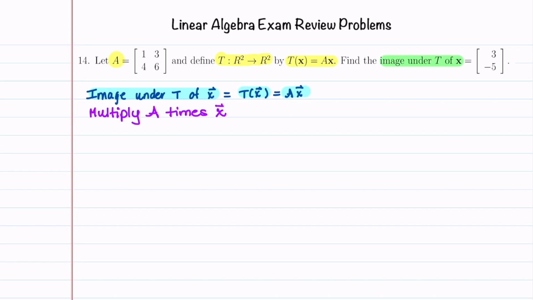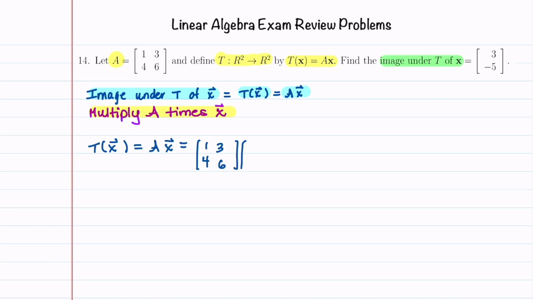So what we're going to need to do is find T of X, and we're going to multiply A times X. Let's go ahead and do that. Our T of X is equal to A times X. Our matrix A from above is [1, 4; 3, 6].